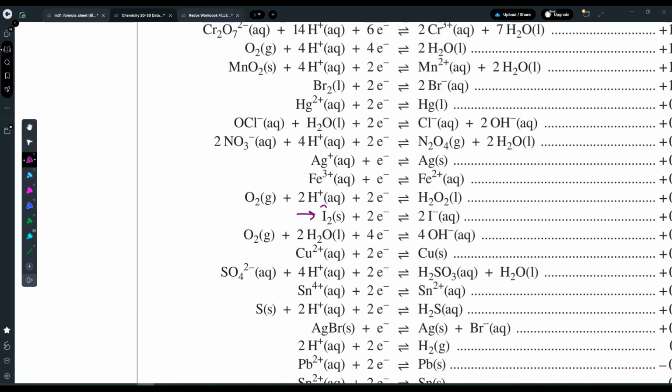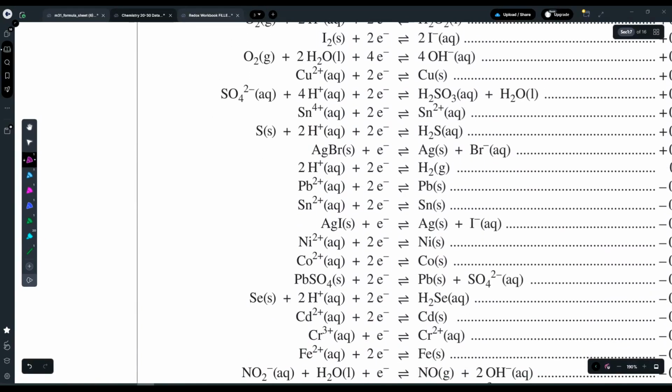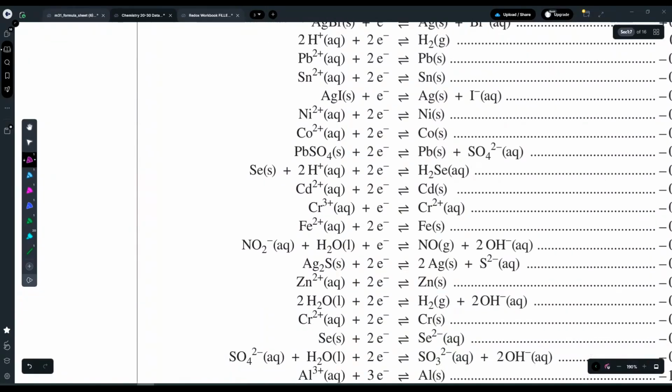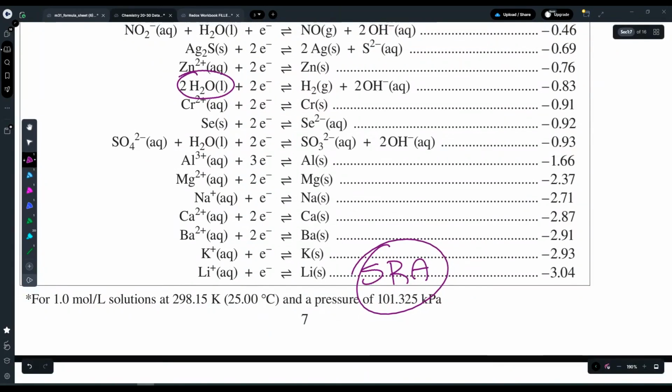I'm not going to pick iodine because we have iodide, I- aqueous, but we don't have I2, so iodine. So I can't pick this one either. So it looks like the first one that we run into is going to be water for our strongest oxidizing agent. Now for our strongest reducing agent.